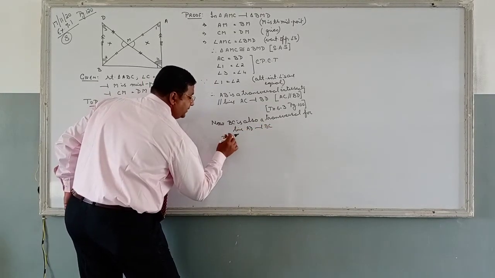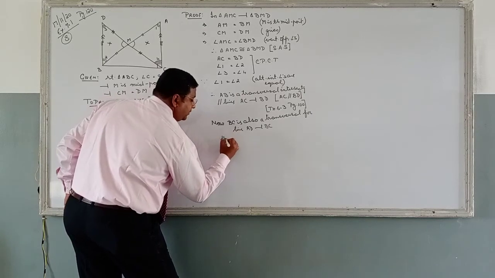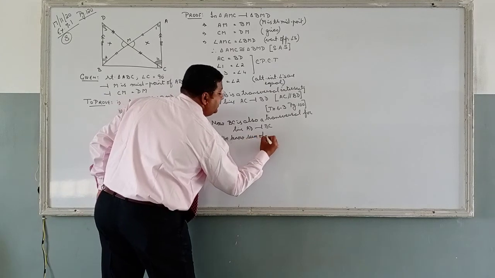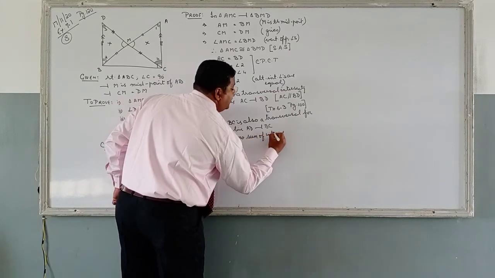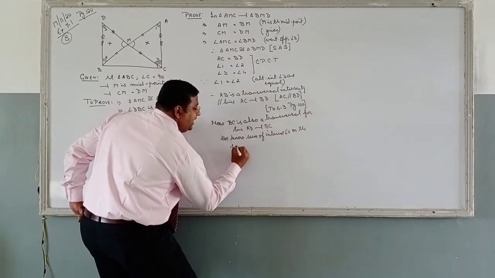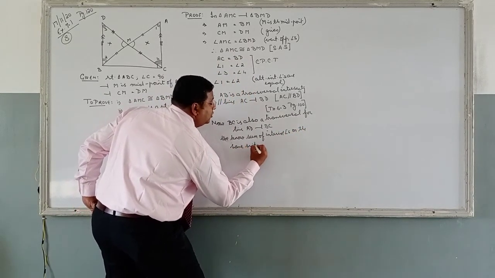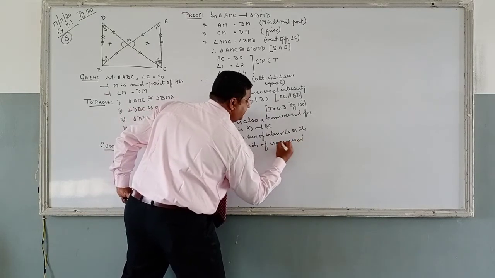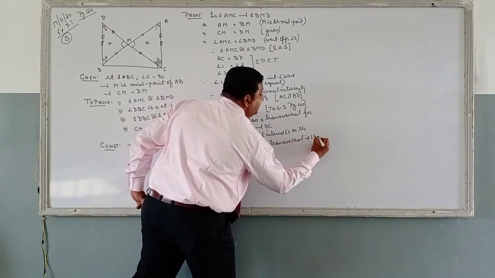So we know the sum of interior angles on the same side of a transversal is 180 degrees.